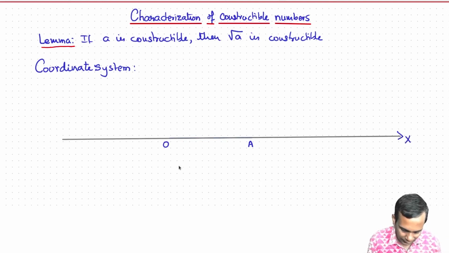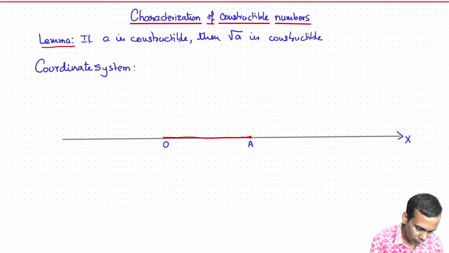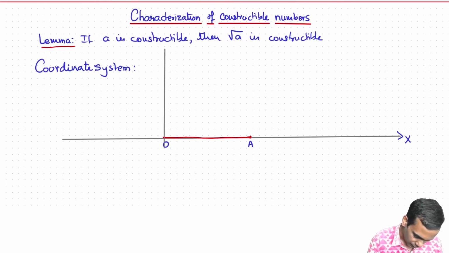And for my y-axis, let's just remember where OA was. This is OA. For the y-axis, I'll draw a line perpendicular to it, which I can also construct by straight edge and compass.